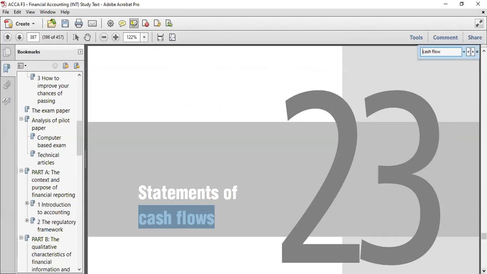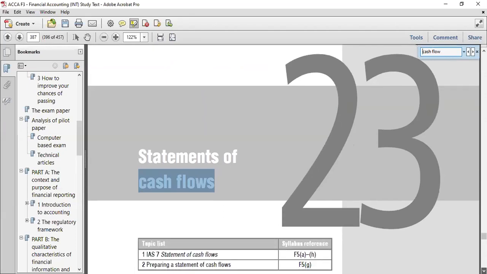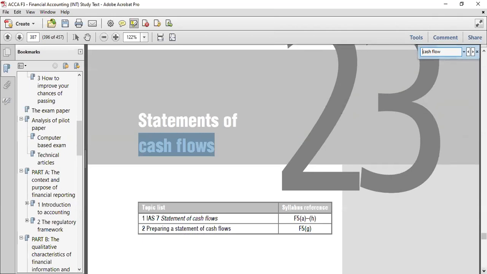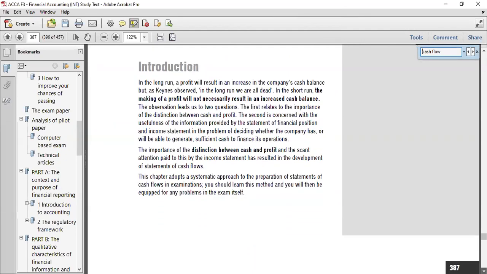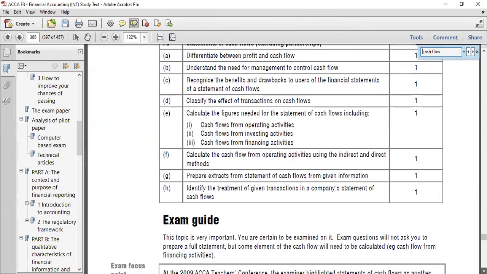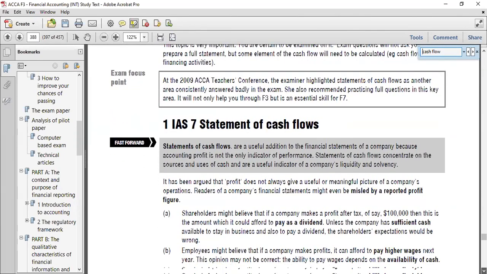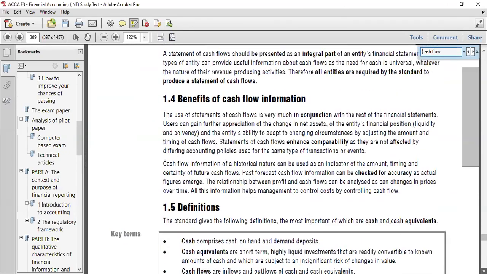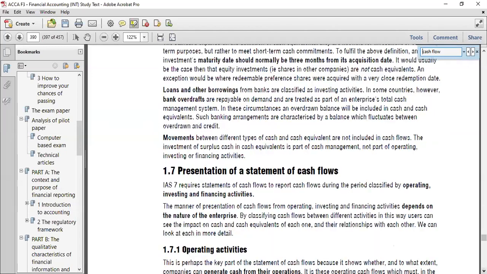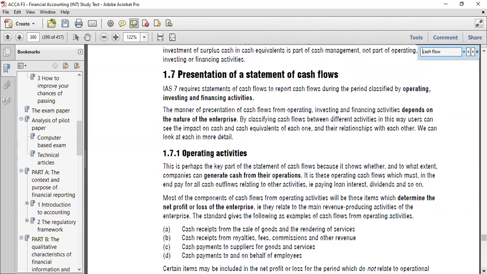Yes, right here. So we have cash flow statements here. They're on page 387. I may not have a lot of time to go through this, but I want you to go through these just in case anything comes, so you don't go astray, okay?